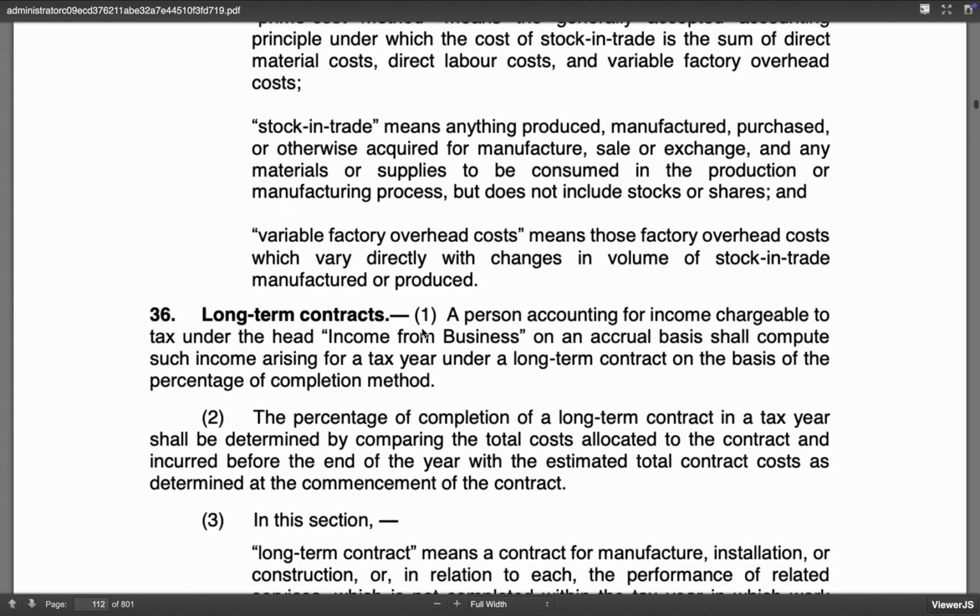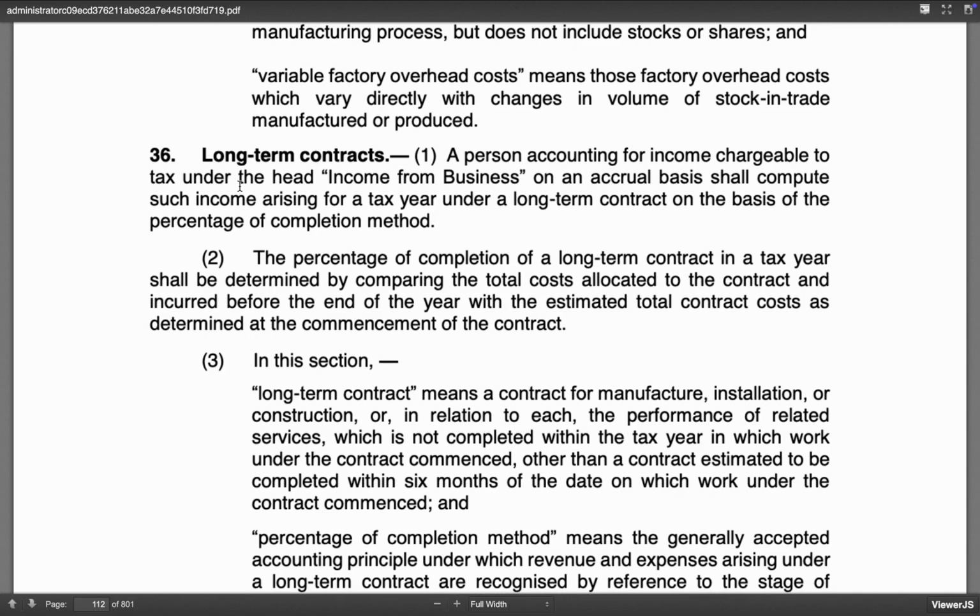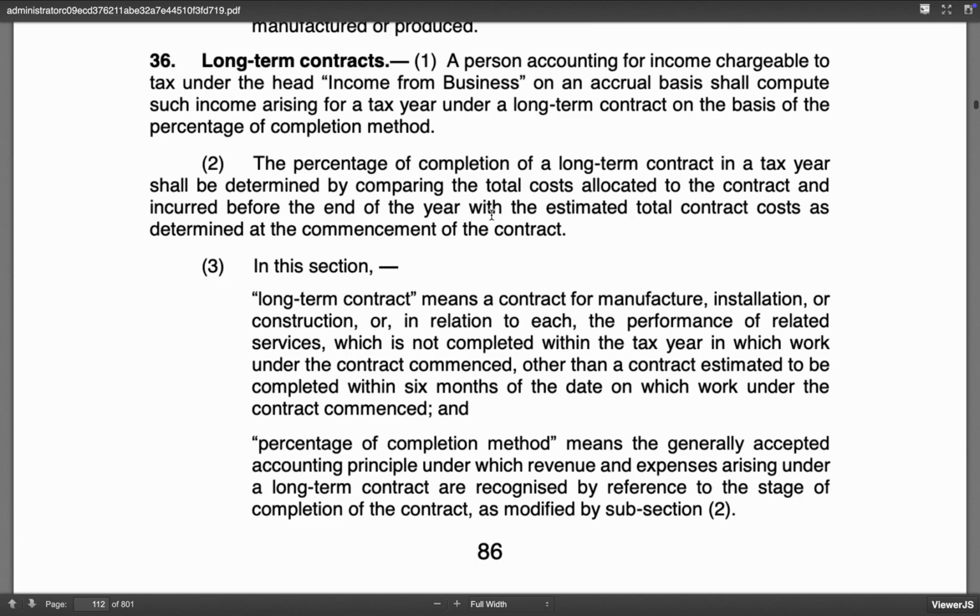And then the last rule that is given in section 36 is long term contracts. Long term contract means that basically these are businesses which are construction businesses, or even maybe a factory may be constructed from scratch. So if you are doing such contracts, then your accounting will be according to accrual basis and will be computed on the accounting rules of long-term contract basis on the percentage of completion method.